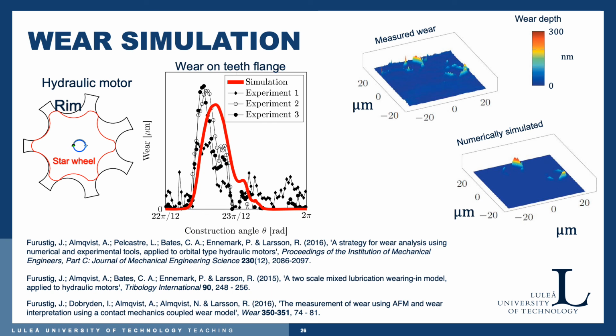So, looking at wear simulation. Here to the left we have a hydraulic motor, and the rim there is in black, and when you turn the star wheel counterclockwise around its center, the small green dot here, it will actually rotate clockwise within this rim, and it will make contact at certain places.